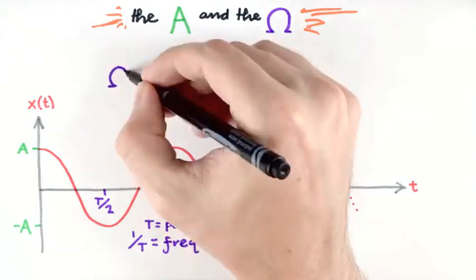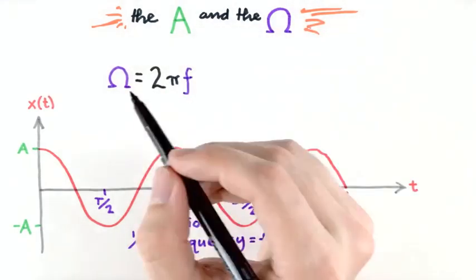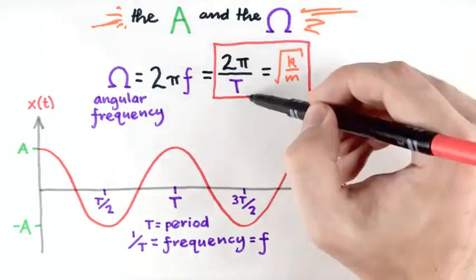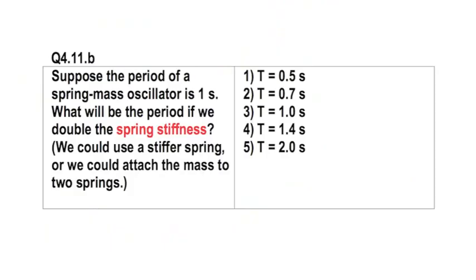The quantity omega is a kind of frequency, called the angular frequency. It's 2 pi times f. And we can also express omega in terms of T. Notice that this tells us something remarkable. By measuring the mass and the spring stiffness, we can predict the period and frequency of the oscillations of a spring mass system. With this in mind, give this question a try.